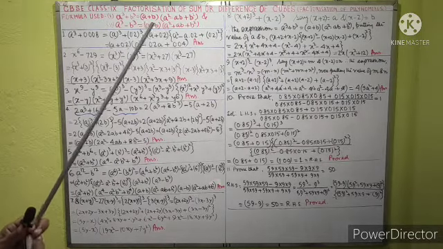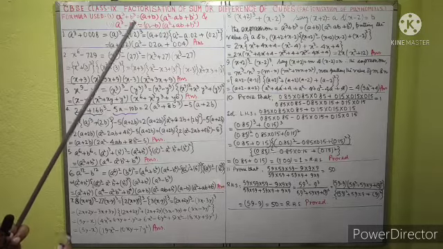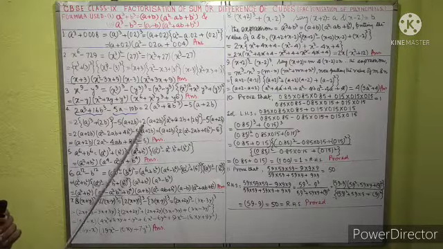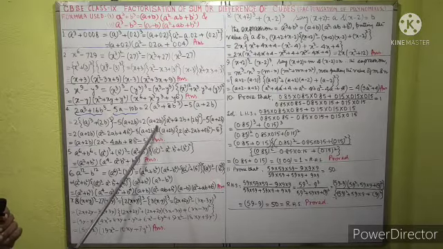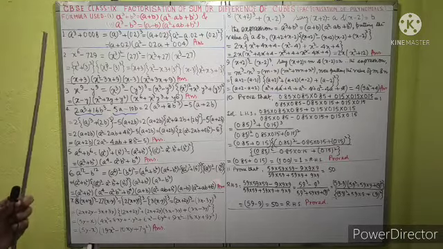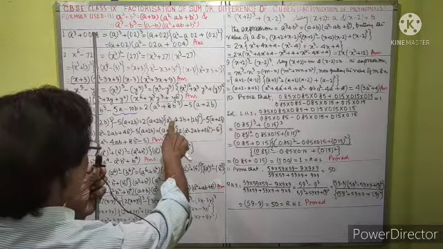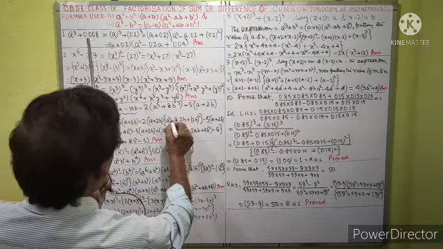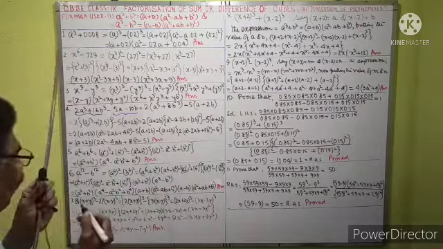Breaking down a cube plus 8b cube, we will get (a plus 2b)(a square, and when it is plus, it will be minus, not plus, minus a into 2b plus 2b square).